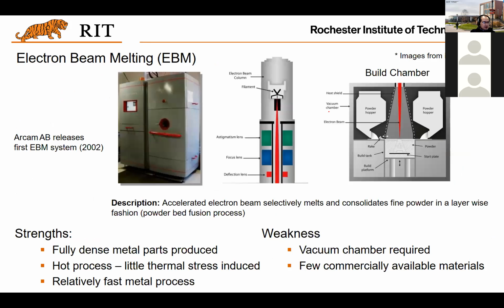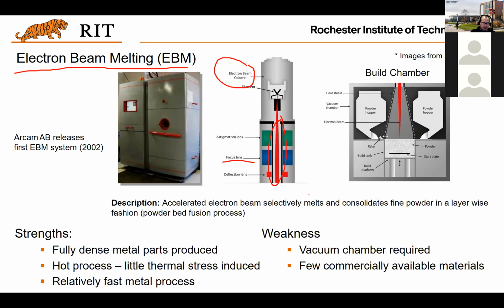Another process is electron beam melting, right? Again, the power source is this electron beam. As you can see here, the electron beam is ejected through this region, and the focal length is utilized to guide the electron beam, making sure it is focused onto the spots on the printing platform.